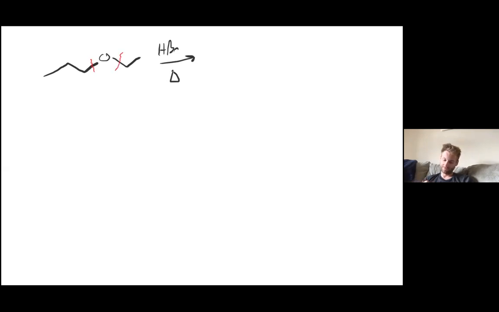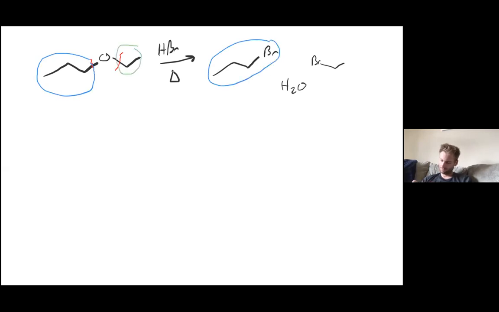We're going to generate alkyl bromides. You could also do this with HCl, as well as water. So these are the three components. This is how they break down.